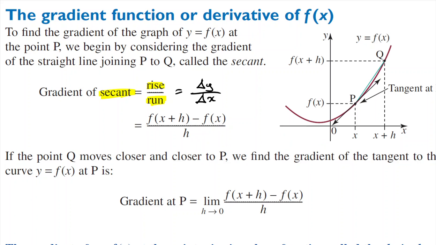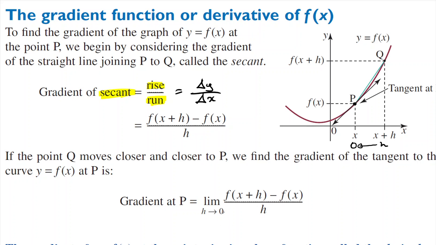So what I was saying initially was that we are getting the gradient of this tangent here. Then we will create a limit where h approaches 0. The minute it gets to 0, we will then know what the gradient at P is.